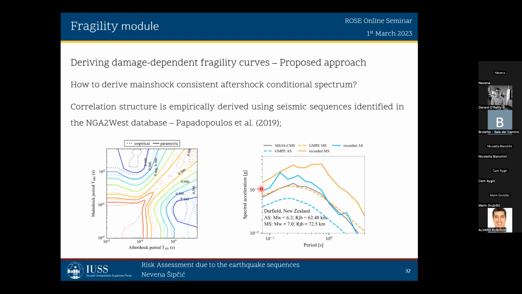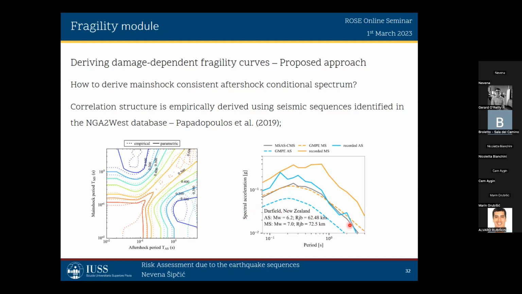So you can see that the recorded main shock is above the GMP mean, which means that using the correlation structure that was derived, the aftershock conditional spectra, conditioned on the main shock spectra, will also be above what was predicted with the GMP, so above this dashed blue line.